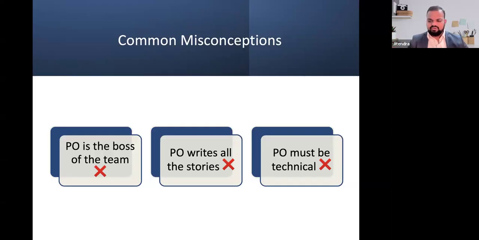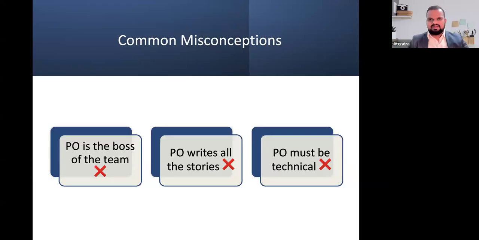Absolutely yes. PO is not about technical, rather it's about a product mindset. So you need to develop the product mindset, product thinking, customer empathy, and definitely you can be. The PO is someone who should write the user story. This is one of the jobs of the product owner, but not all.